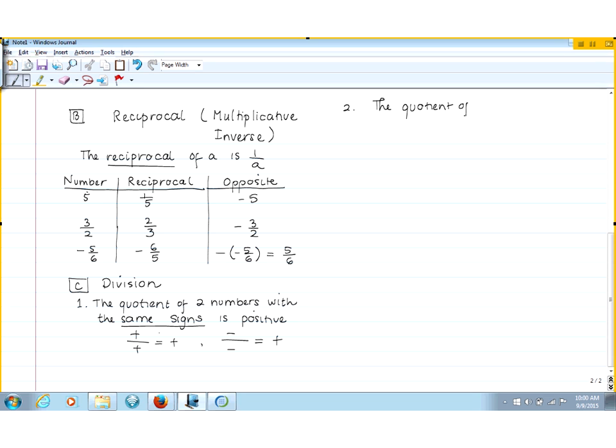The quotient of two numbers with different signs is negative.